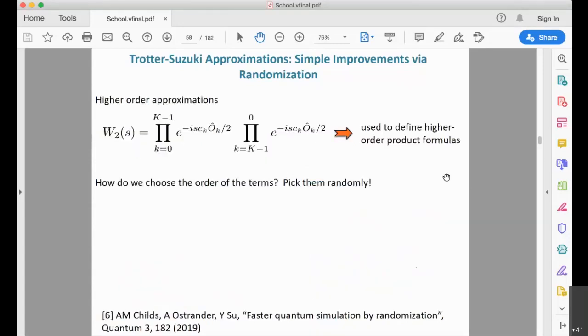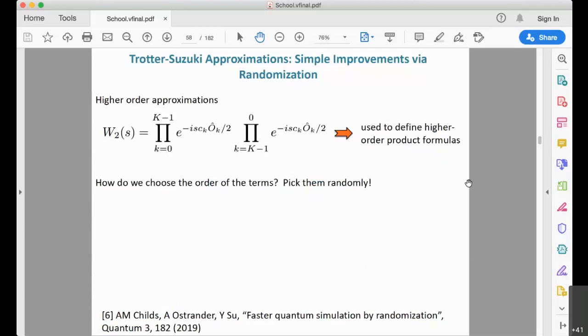There was another improvement via randomization by Childs et al., where, if you remember, the second order approximation had this structure, right? I first started with term 0, and it went all the way to term k minus 1, and then I started from term k minus 1 to term 0. But nobody told you which was term 0 and which one was term 1, and so on, right?